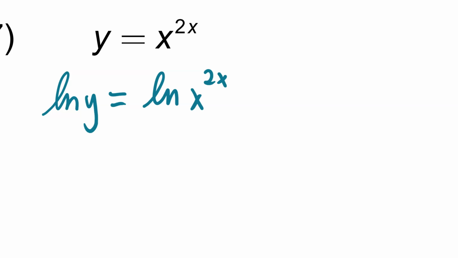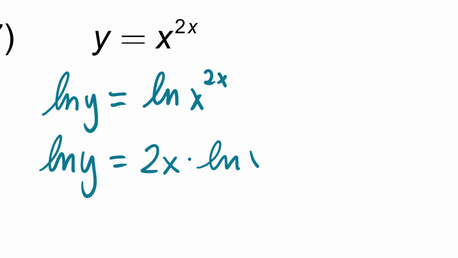Then you can use the power rule property of logarithms, or logarithmic property of exponents, where if you have ln of something to a power, you move the power in front. So I have ln of y equals 2x times ln of x.